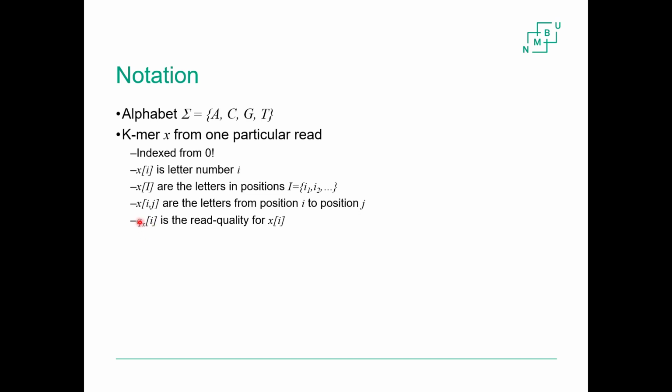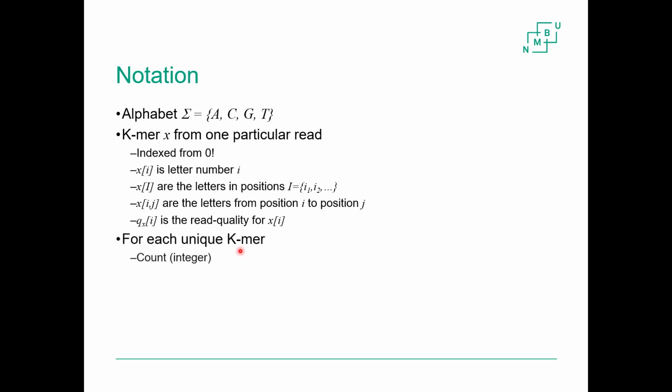So this just symbolizes this quality. But actually, it's not the quality scores, it's more like the probabilities, as we saw in the previous module, that we can always convert these quality scores to probabilities. So it's actually the probabilities that are used in this paper.